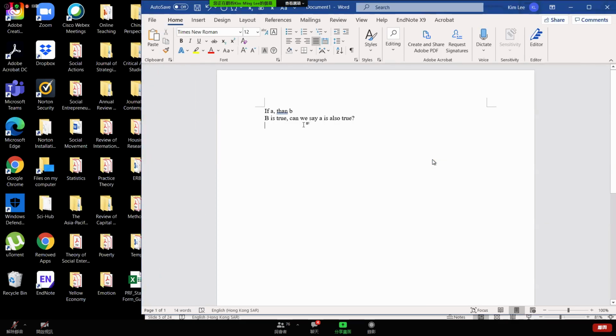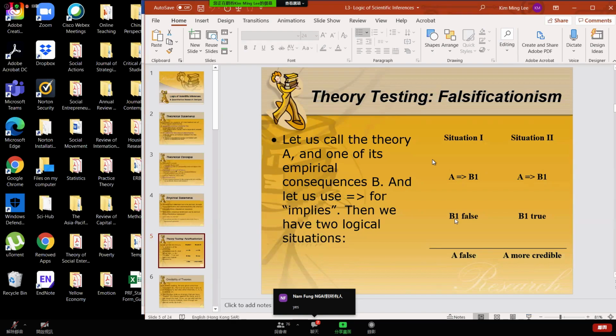But try to imagine this case. If A then B, B is false. Can we say that A is false too? The answer is yes. By the deductive logic, if B1, the empirical statement, is false, we can say that the theory is false.